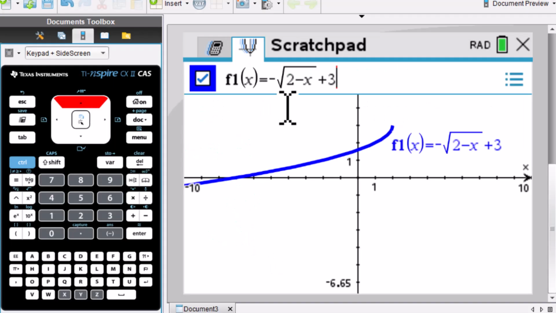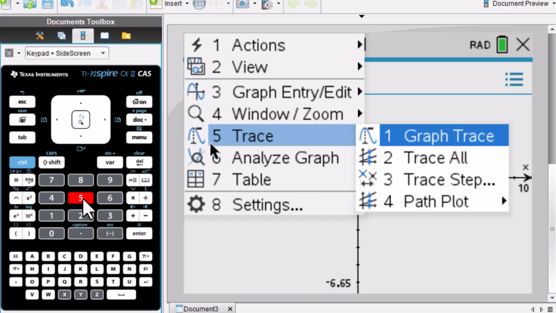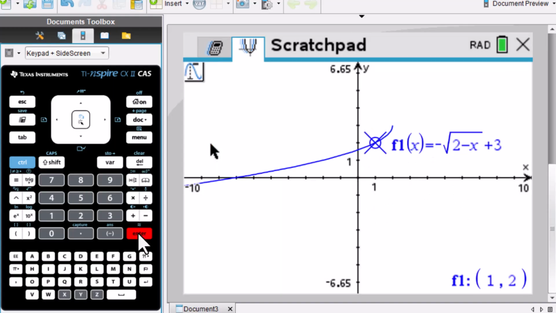We put the function into f1 of x and got this graph. Then we go to menu, go to 5, trace, graph trace, enter. Type in 2, enter. We got this vertex 2, 3. From this graph, we could say the range of this function will be y less than or equal to 3.